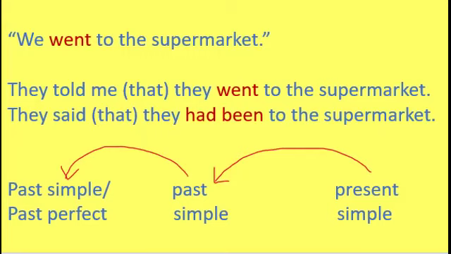In reported speech, we can say, they told me that they went to the supermarket. With the past simple, went. Or you can say, they said that they had been to the supermarket. This is changing to the past perfect, had been.